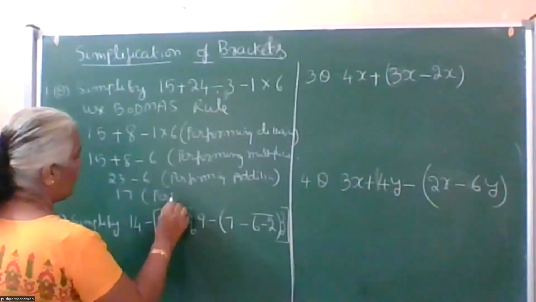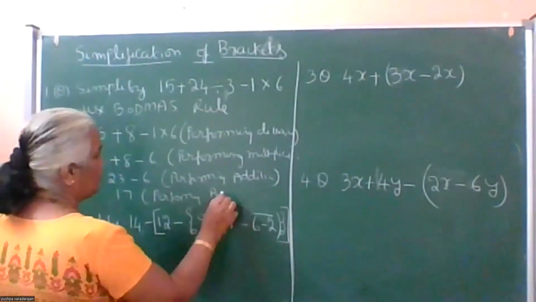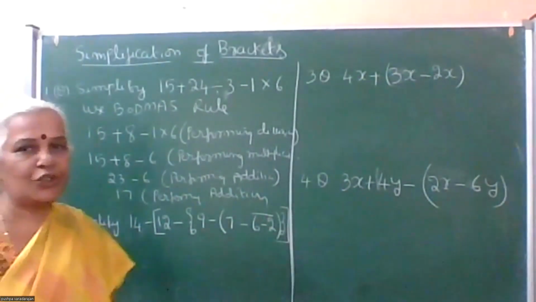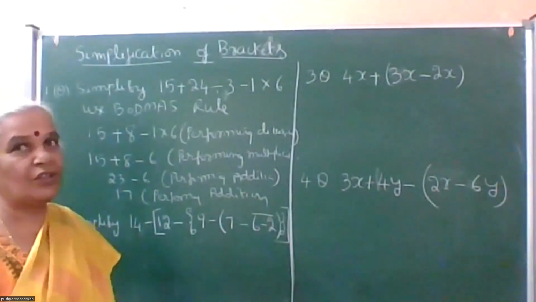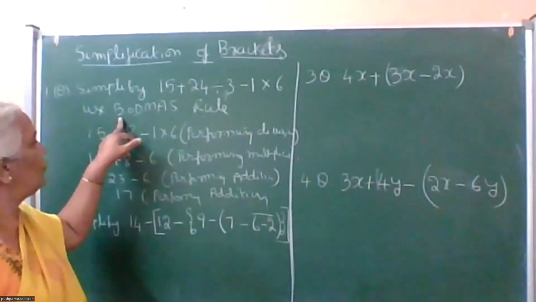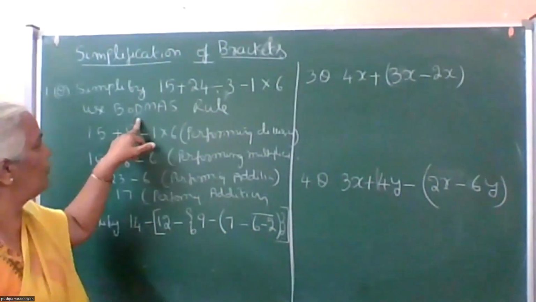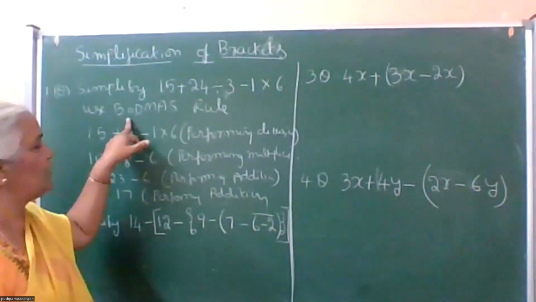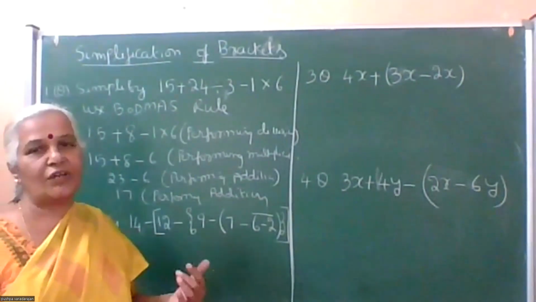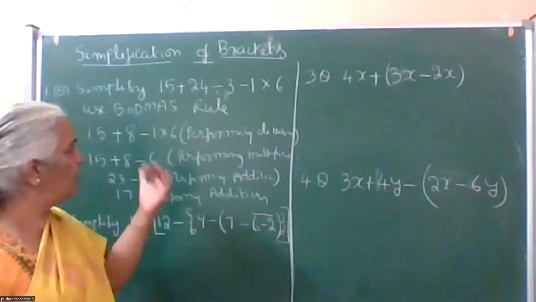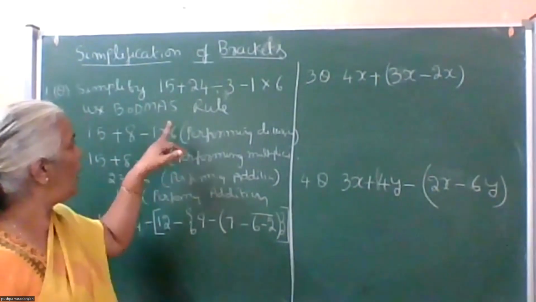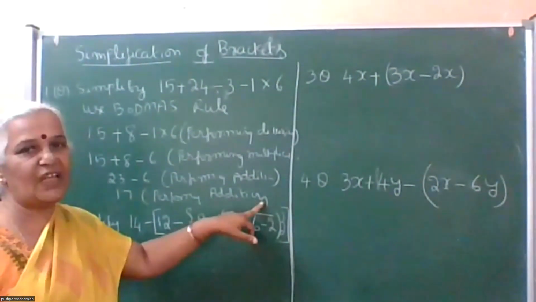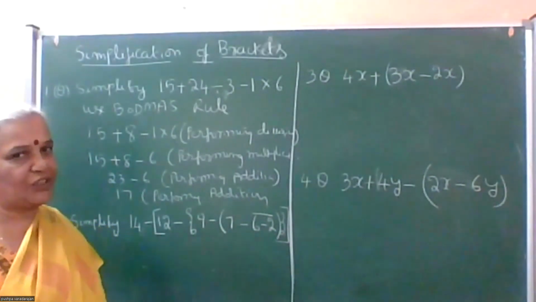See here, we have used the BODMAS rule. In that, first we have to do brackets, of, division, multiplication, addition, and then subtraction. If there is 'of', then we have to convert that, but here there is no 'of'. Here division is there, then multiplication, then addition, and then subtraction.